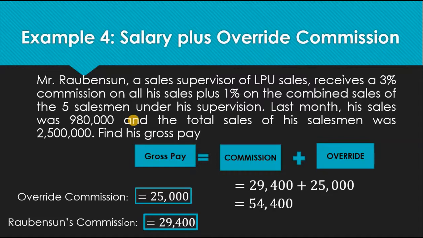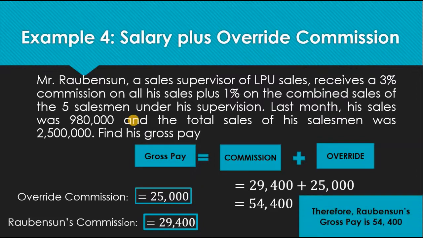And the total is $54,400. That's how salary plus override commission works. Therefore, Robinson's gross pay is $54,400. That's all for the types of commission.